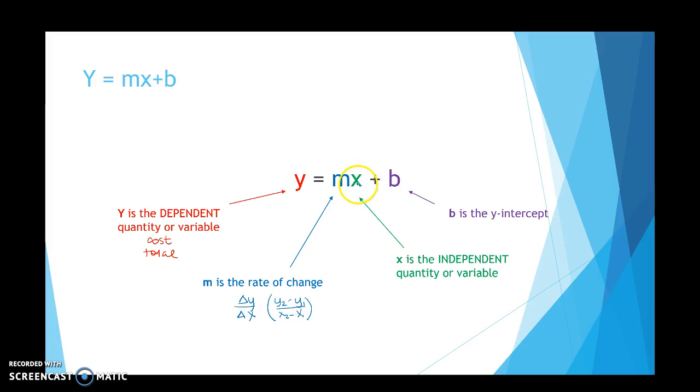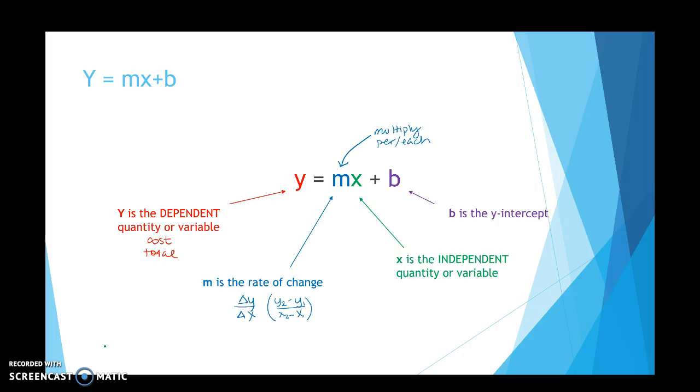So mx. If we look at m and x together, what operation are we doing? We're multiplying, right? So you want to look for words that mean multiply, like per and each. x is our independent quantity.